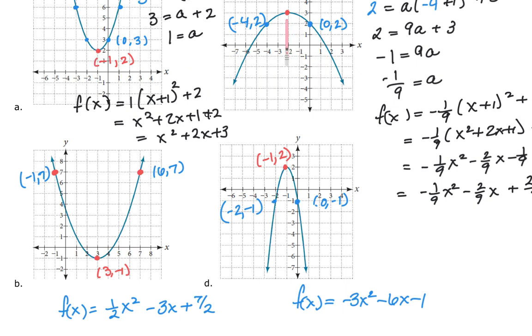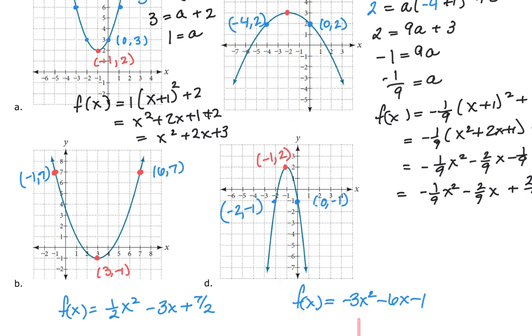For this graph, what we see is we ended up with negative 1/9 as a leading coefficient. Negative says, yeah, we're opening downward. The U kind of shape is opening downward. And the 1/9 is a compression. So we have taken this and compressed it vertically. That vertical compression, as we can see, is that we've squished it in the vertical direction, which results in a horizontal stretch for quadratics.